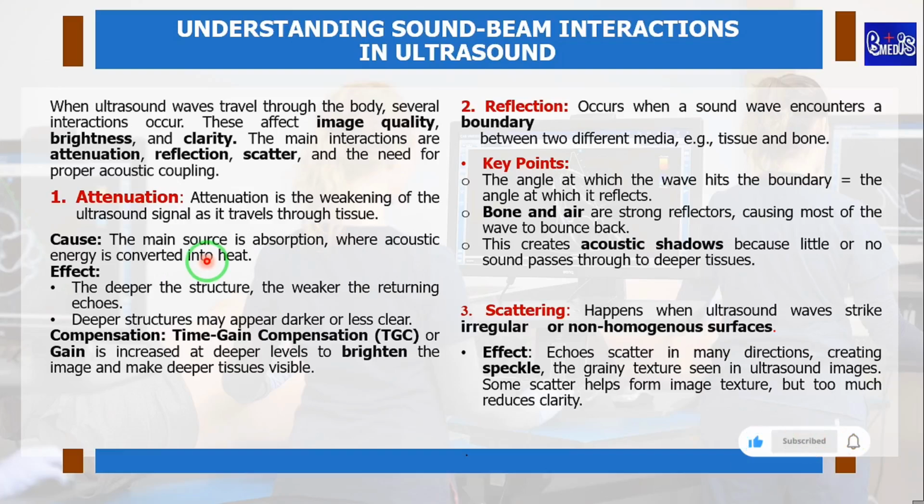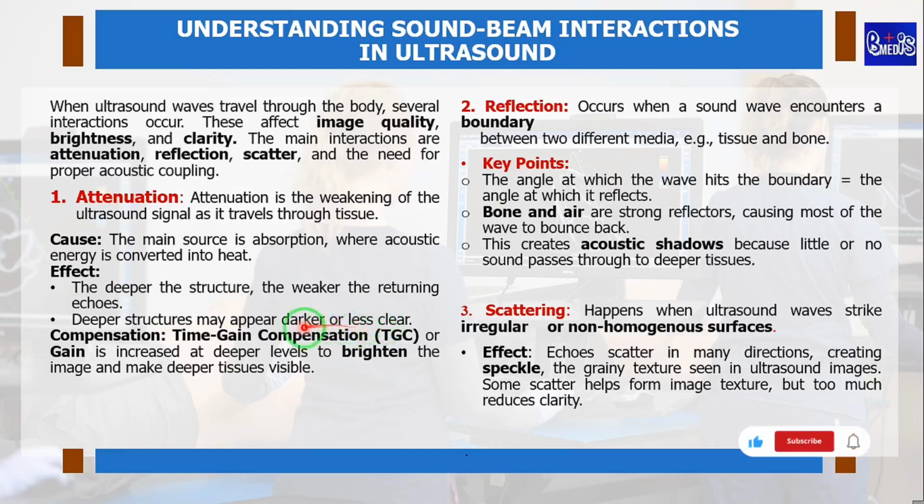The effect of this is that the deeper the structure, the weaker the returning echo. So deeper structures attenuate more and cause weaker returning energy, which can affect the image quality. So deeper structures may appear dark or less clear.